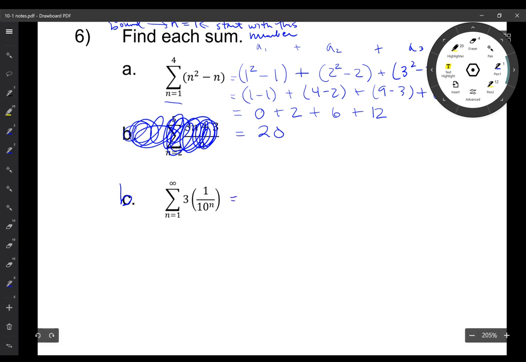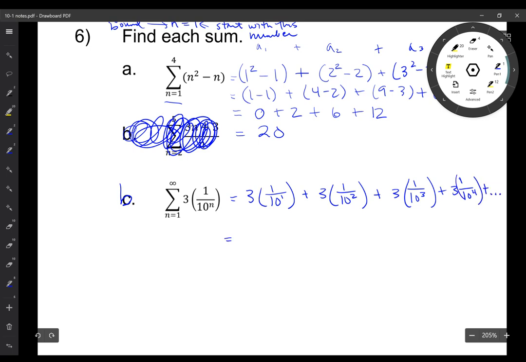So if I am doing to infinity, that means maybe I do 4 of them and I just write dot, dot, dot, and hopefully I'm finding a pattern. So this is going to be, if I do my first term, 3 times 1 over 10 to the first. My second term would be 3 times 1 over 10 squared. This is one where really you're going to see the method and then be able to do this on your homework. 3 times 1 over 10 to the fourth, and then plus dot, dot, dot.